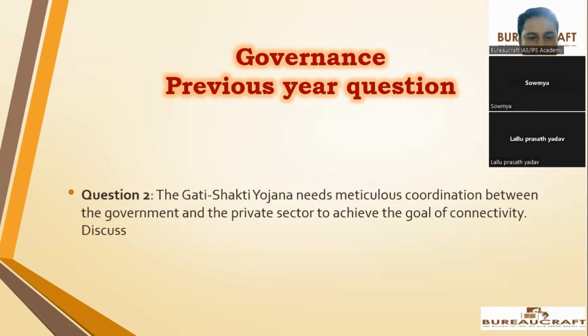Okay, then see, Gati Shakti Yojana needs meticulous coordination between the government and the private sector to achieve the goal of connectivity. Now, Gati Shakti Yojana was introduced in that year's 2002 budget. Okay, so if you have read about Gati Shakti Yojana, there are multiple dimensions. We are going to create a platform, and in this platform, requests for approvals and tracking of projects are going to happen in one place, with communication with the private sector also.